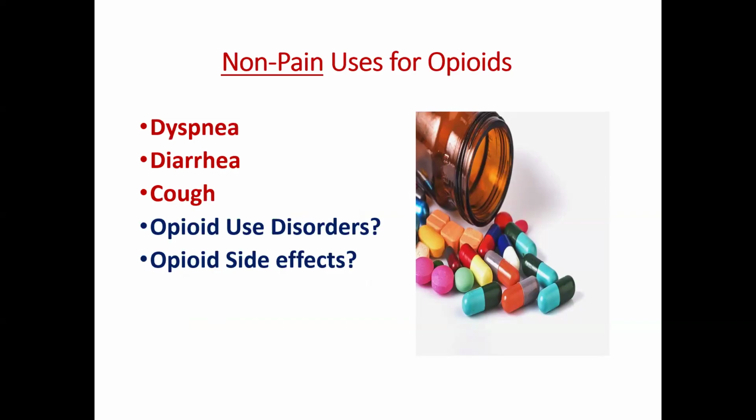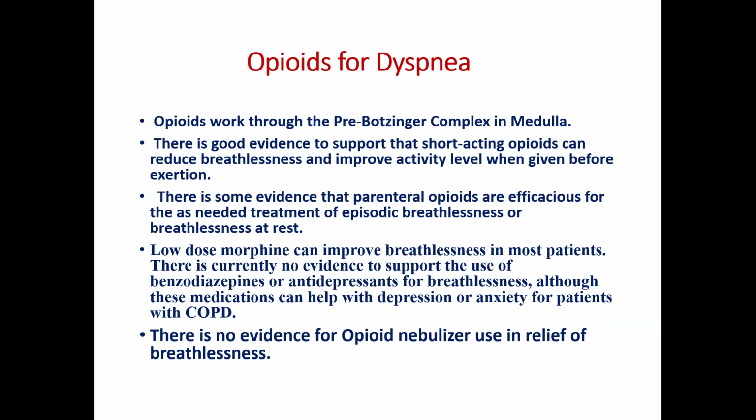Non-pain uses for opioids: dyspnea, diarrhea, and cough. So we use opioids for intractable dyspnea after treating the causative factor of dyspnea. It's not a first choice. This is like the peak of the pyramid here. All right, and the doses that you need for dyspnea are much smaller than for pain.